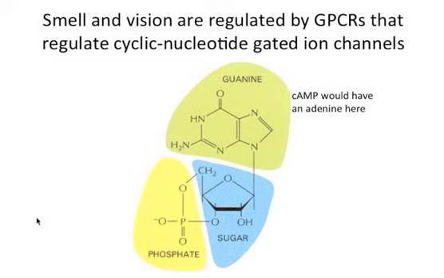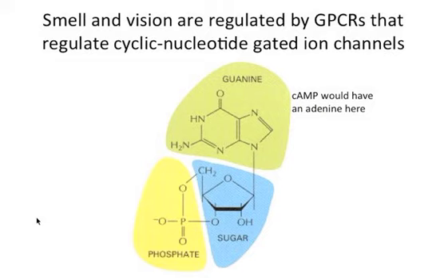So smell and vision are regulated by GPCRs that regulate cyclic nucleotide gated ion channels. Cyclic nucleotide. So cyclic AMP is a cyclic nucleotide, right? Because AMP, right? And so that's what it looks like.